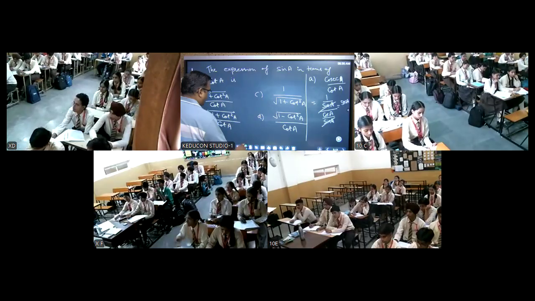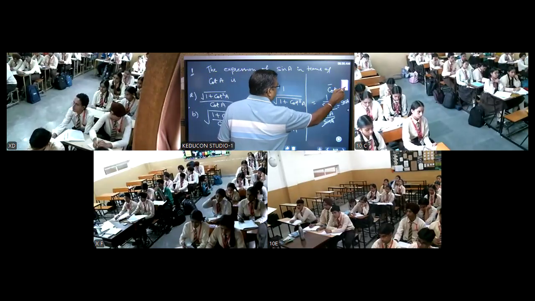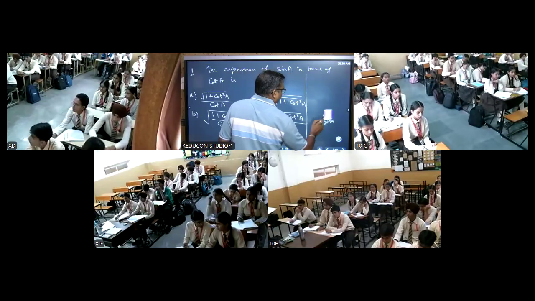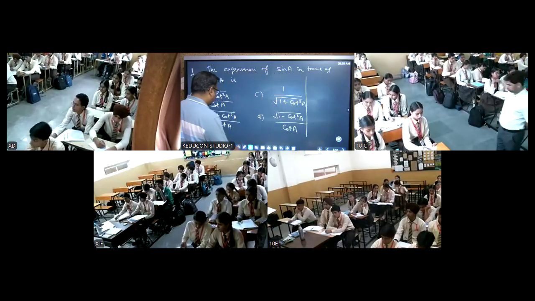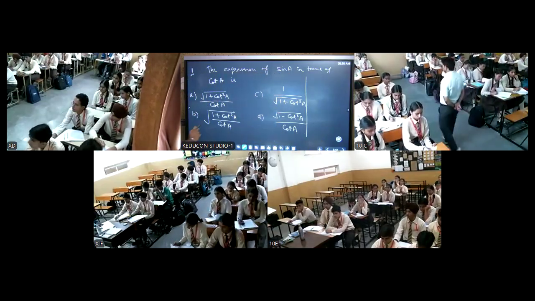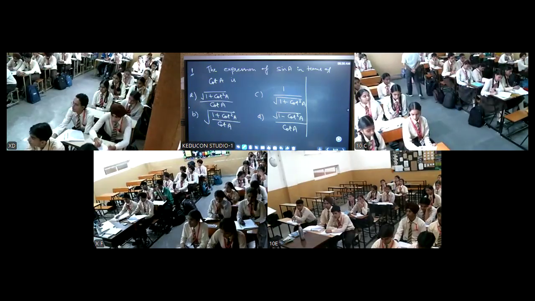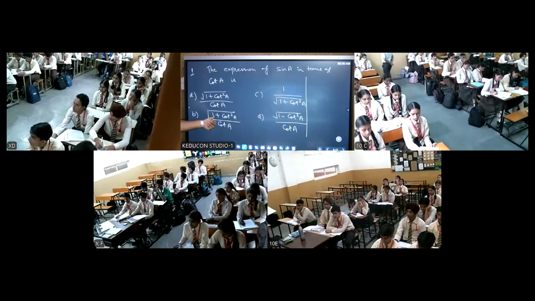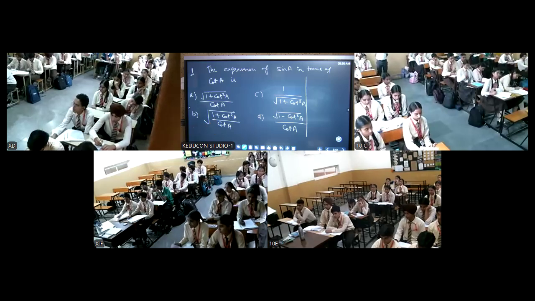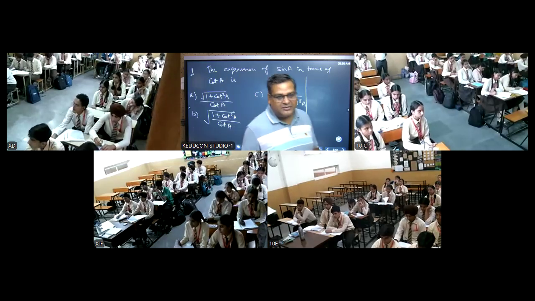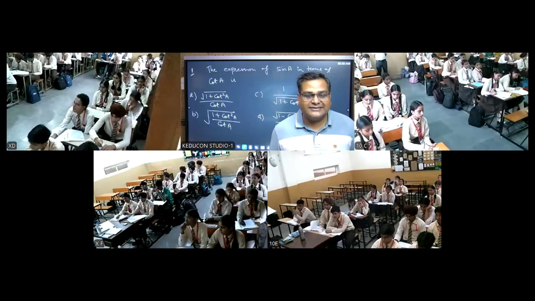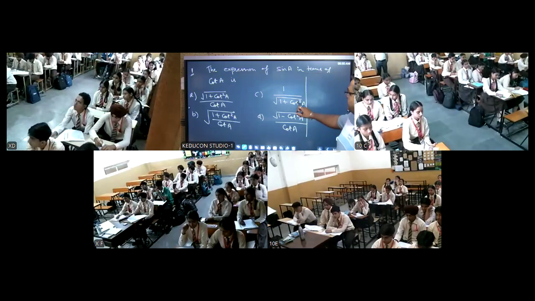Now come to the second choice. Again, what is the value of the numerator? Cosecant A upon under root cot A. So it can also not be the answer. Is this clear, students? Come to the third one.